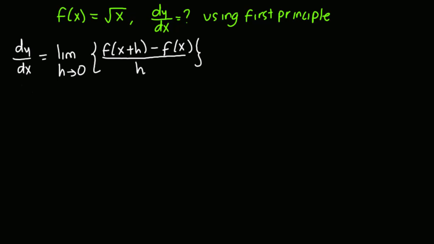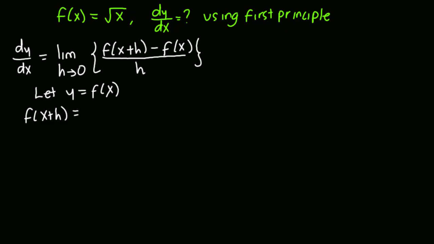So what we are going to do here is that already we know our f of x. Now we have to find our f of x plus h. But first of all, let me be quick to say that to solve this, we need to let y be equal to f of x, meaning that y is the same as f of x. So we know f of x to be root of x. Now let's find f of x plus h.